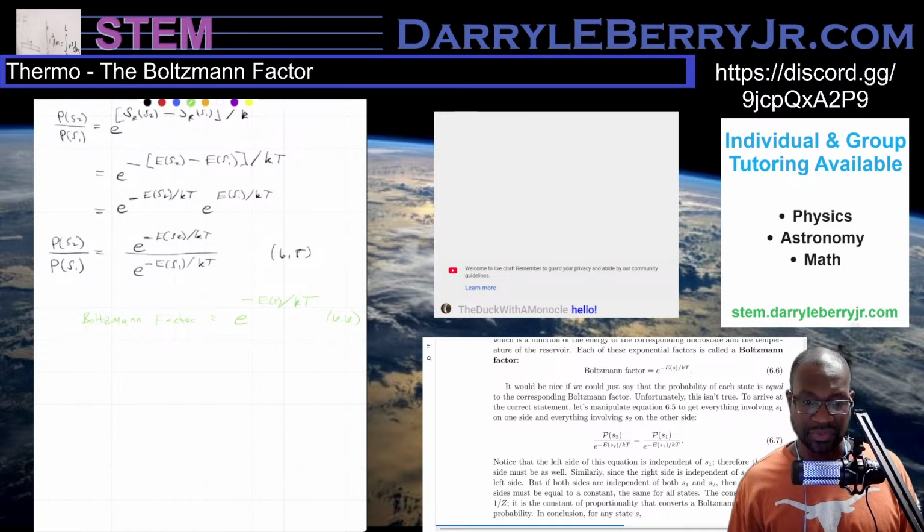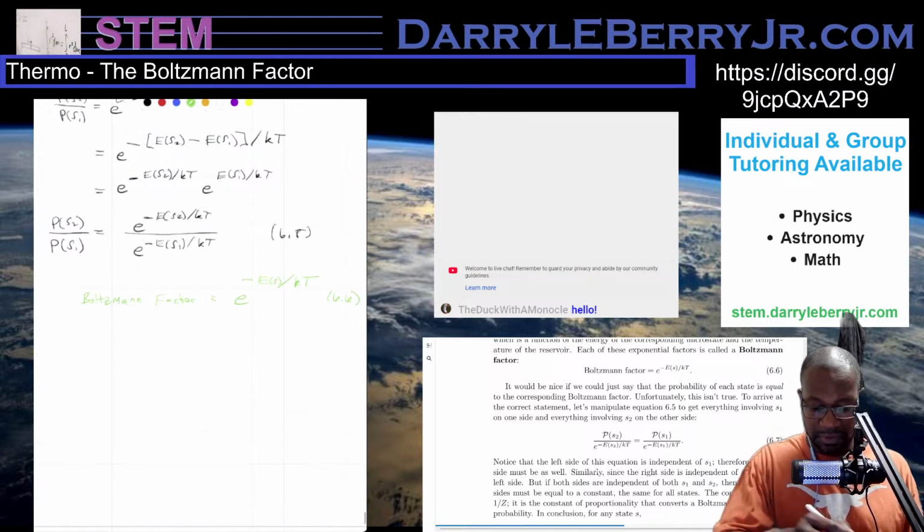It would be nice if we could just say that the probability of each state is equal to the corresponding Boltzmann factor. Unfortunately, this isn't true. To arrive at the correct statement, let's manipulate equation 6.5 to get everything involving S1 on one side and everything involving S2 on the other.